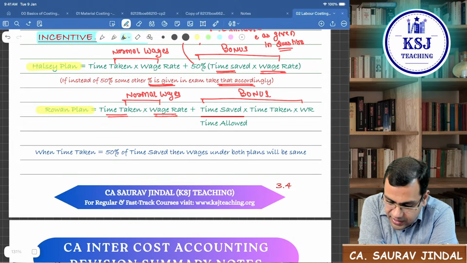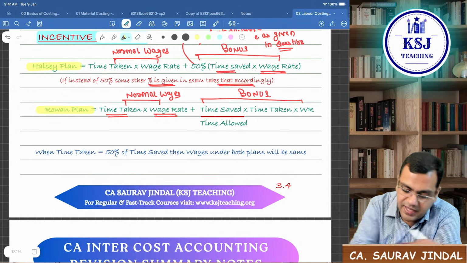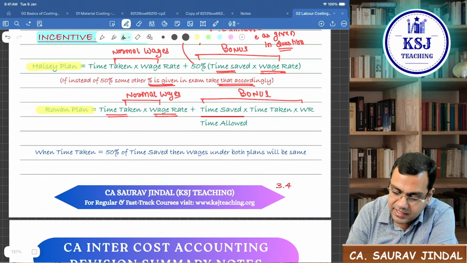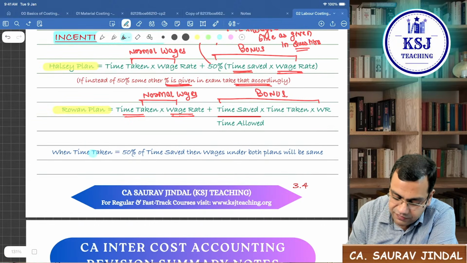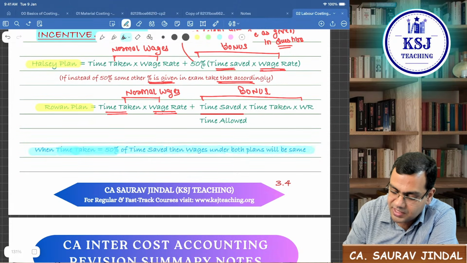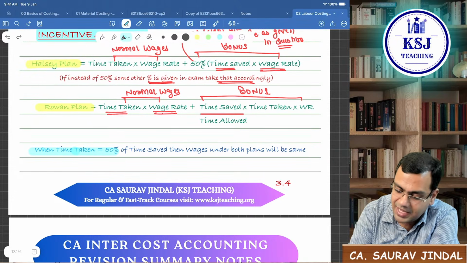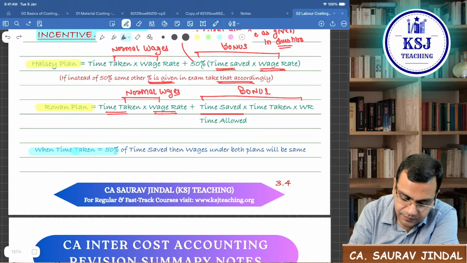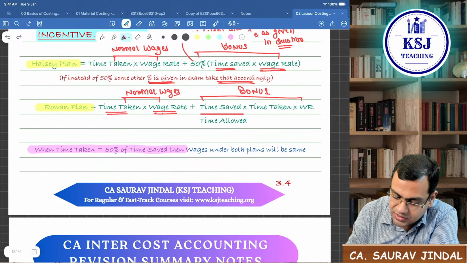Now there is one very interesting fact here. They say when the time taken is exactly 50% of the time allowed, the wages under both the plans will be same. So what we are saying is, when will the wages under both the plans be same?